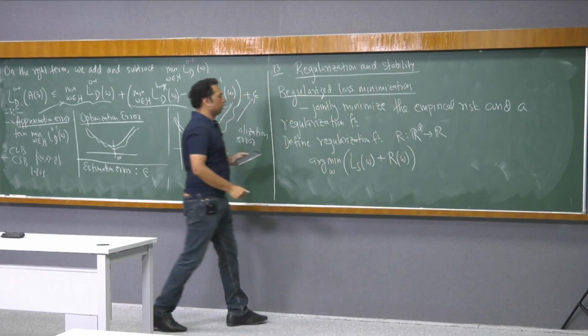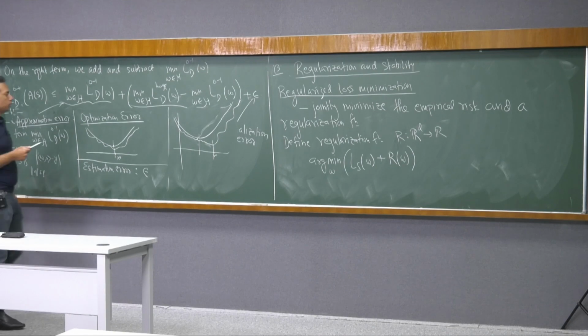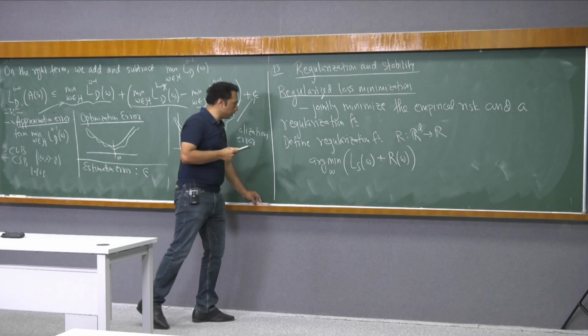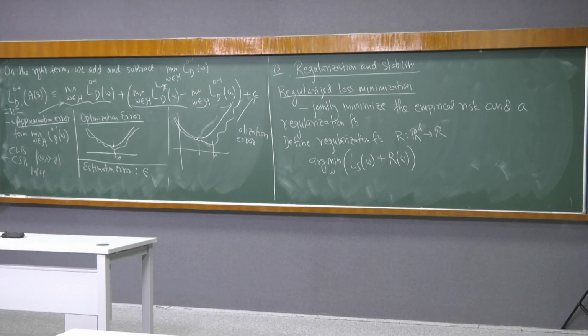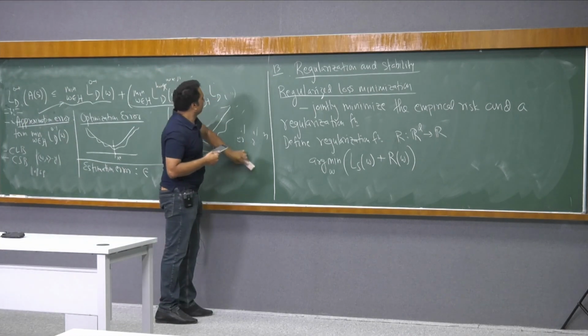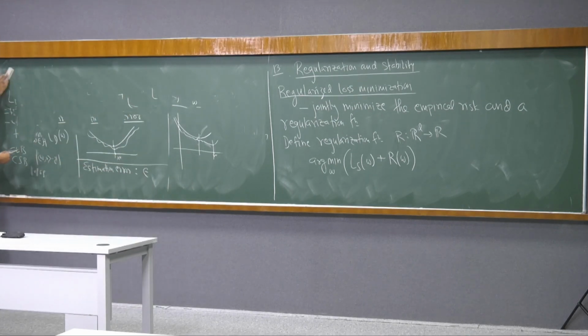As you can see, L_S(w) is your primary loss, that you have as a modeling assumption, but then you add some R(w). This is a regularizer. Now, why do we need this? We will see this. One of the simple regularization functions would be R(w) is just norm of w squared. That's one way to regularize. Let us see a consequence of such regularization.